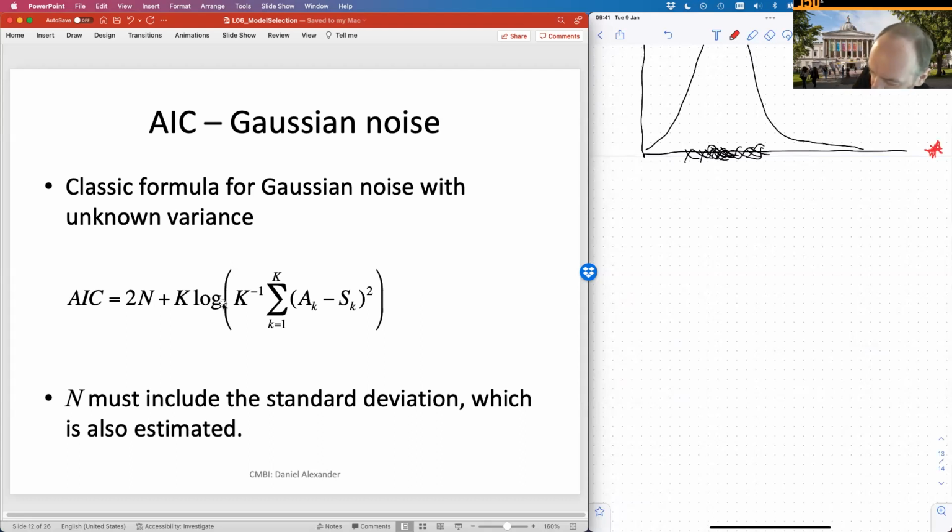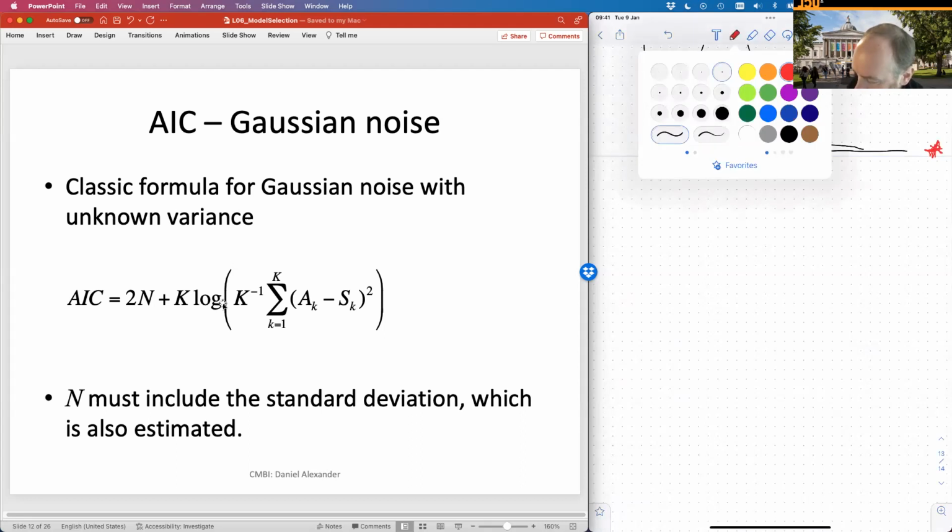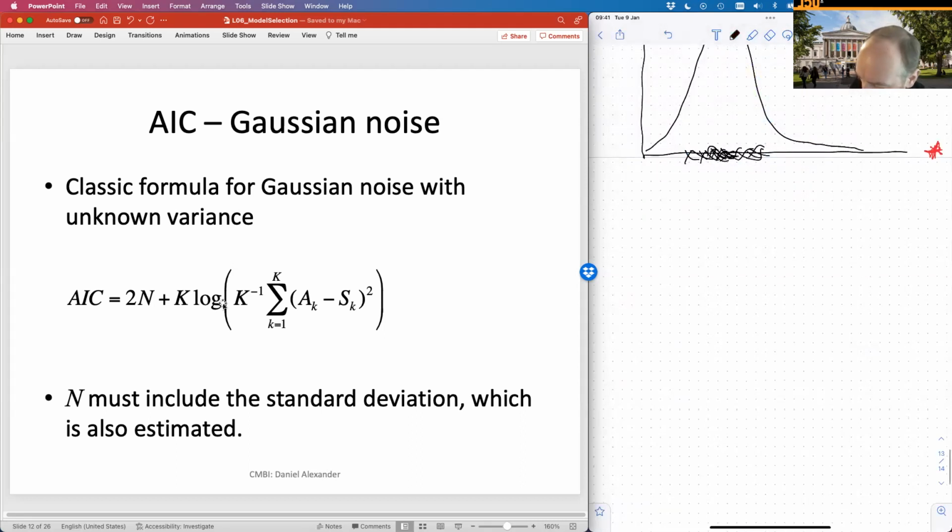We've previously written down our likelihood function under the assumption of Gaussian noise. So it's this familiar old expression here.